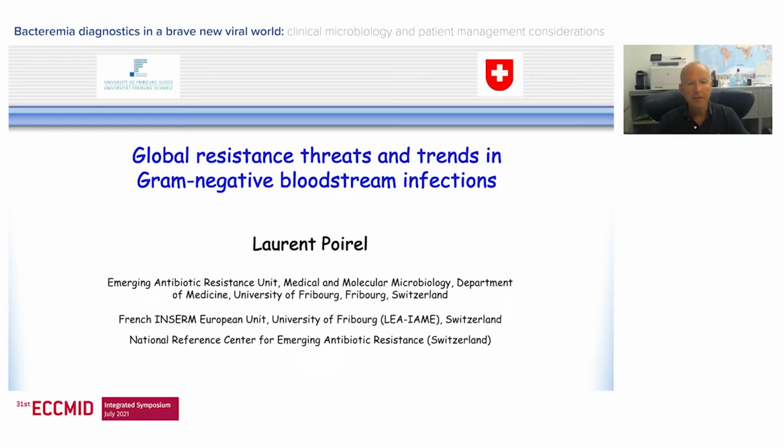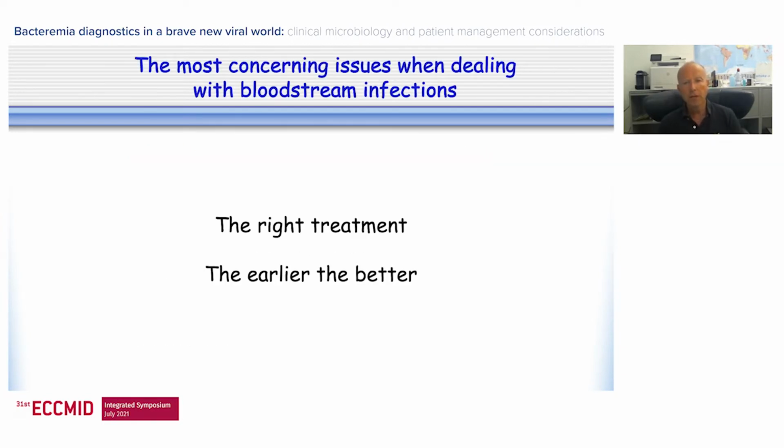Thank you very much. It's my pleasure to present today the global resistance rates and trends in gram-negative bloodstream infections. Which are the most concerning issues when dealing with bloodstream infections? We are used to considering two main issues. When you want to treat a bloodstream infection, you need the right treatment, and we consider that the earlier, the better.